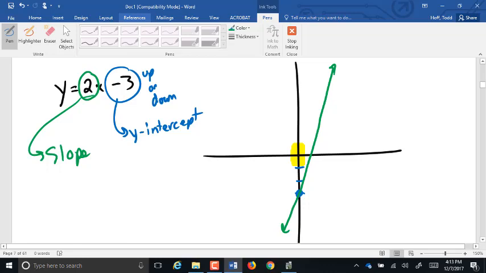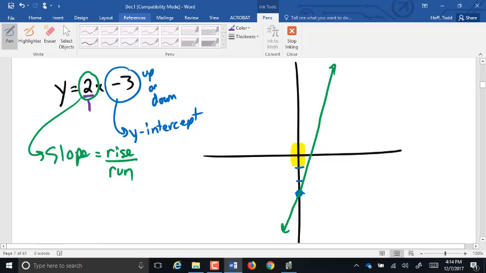To understand these graphs a little better, make them easier to graph, we're going to have to talk a little bit about the slope. Slope is always a fraction. The numerator of that fraction is the rise, and the denominator is the run. Well, you might look at this and say, well, 2 isn't a fraction, but any number really is a fraction. I just make it 2 over 1, like that.